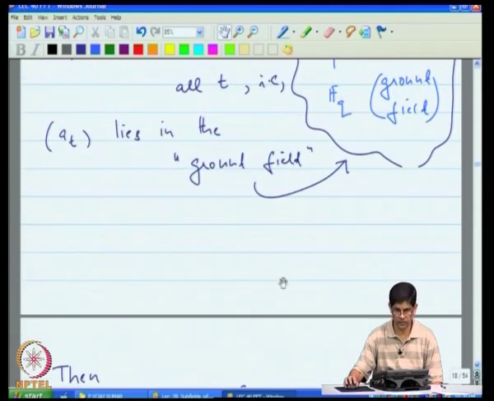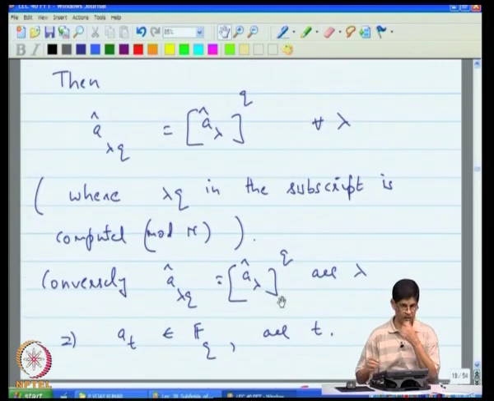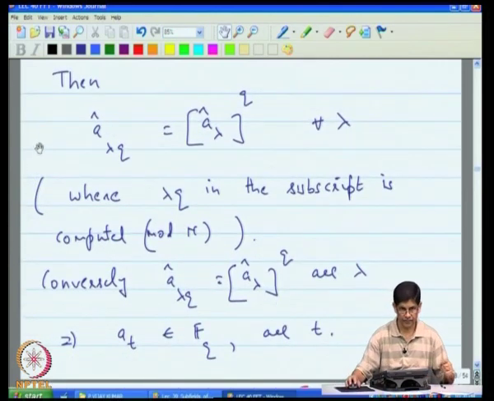So, that is the conjugacy relationship. It turns out that in this case the conjugacy that results is this: if you look at the transform A hat evaluated at lambda q, then that is the same as A hat(lambda), but raised to the power q.